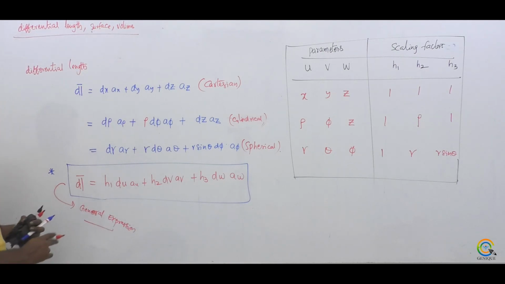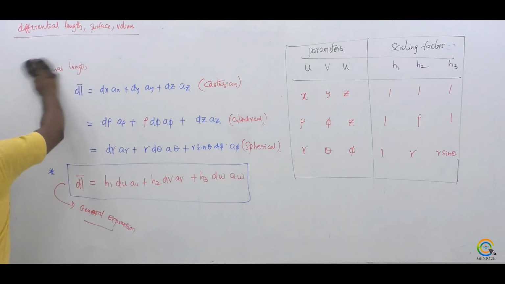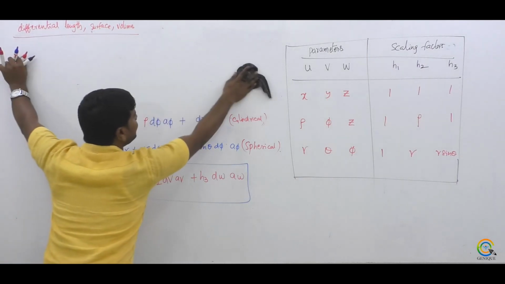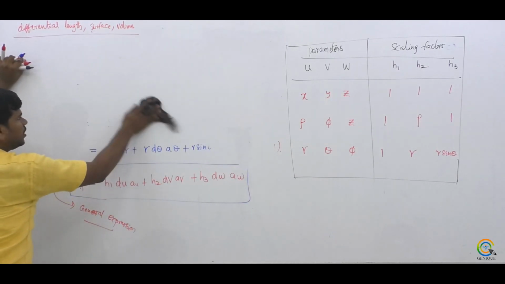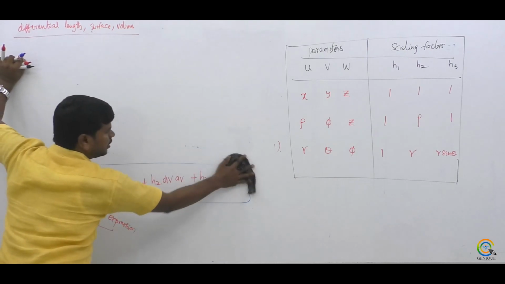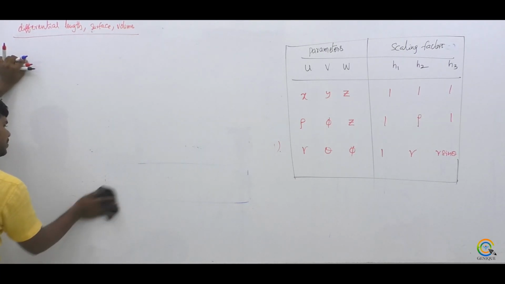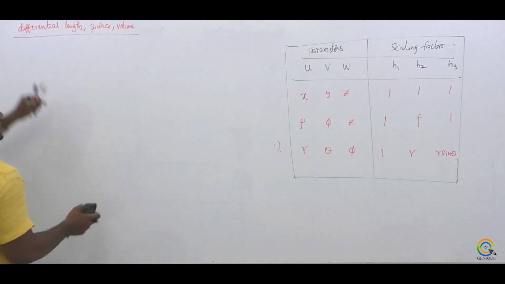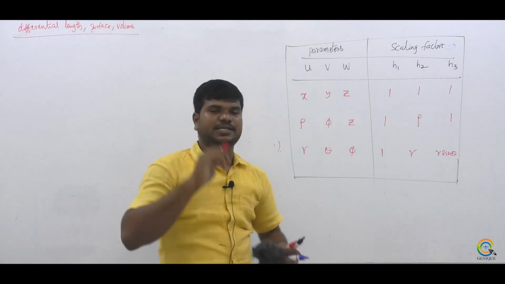The general expression for the differential length. Similarly, if we want to write the differential volume, differential surface area. Okay. So already we know x equals constant surface will have the direction ax.